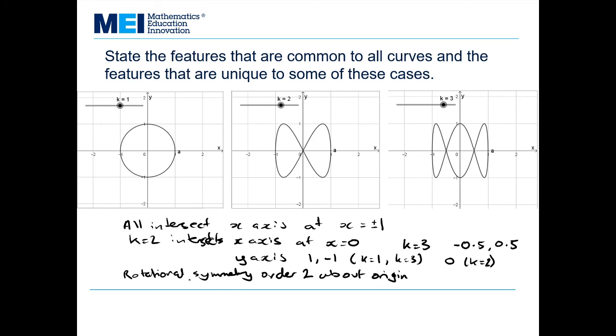And then finally, I've got some boundedness. So for all of them, minus 1 is less than or equal to x is less than or equal to 1, and minus 1 is less than or equal to y is less than or equal to 1. They're all contained in this sort of square between minus 1 and 1.